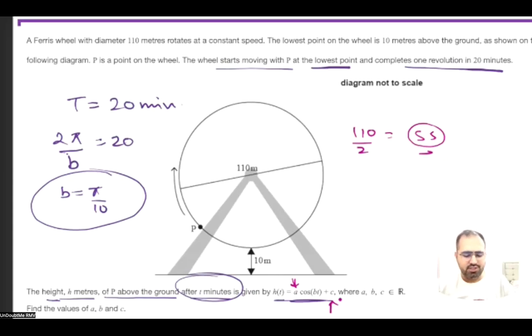Raghav, did you understand what she said? Honestly, no, but wouldn't C be a vertical shift, not horizontal, because it's outside the function, right? Over here, the plus C is outside of the bracket, so wouldn't it be a vertical shift?